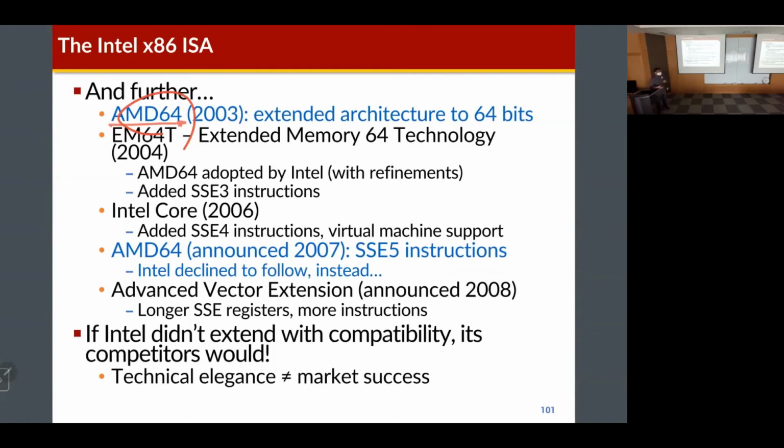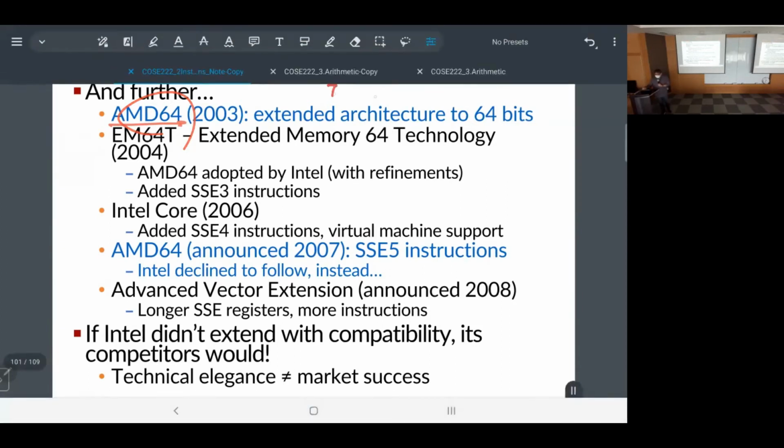Intel tried to make a very new ISA called IA64, and Intel also generated new CPUs using this new instruction set architecture, because Intel thought that x86 was very complex, since Intel needs to support backward compatibility.